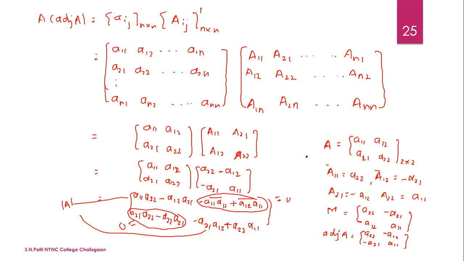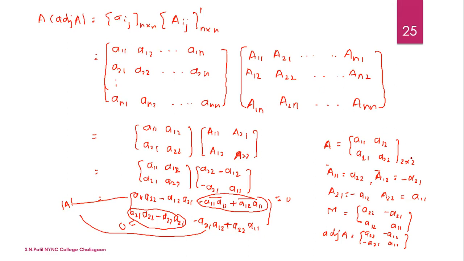Okay, getting it? So when we simplify this product for an n by n matrix, the first row multiplied by the first column gives the value of the determinant of the n by n matrix. The first row multiplied by the second column gives 0, and all the remaining values are 0. Similarly, the second row multiplied by the first column gives 0.